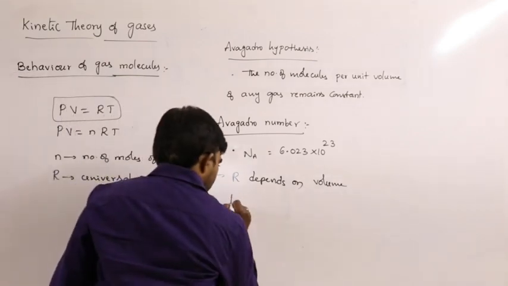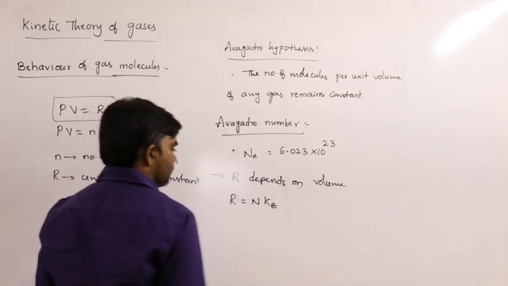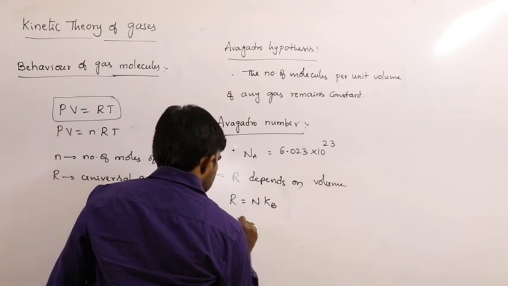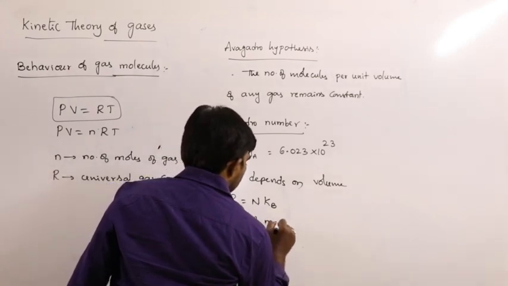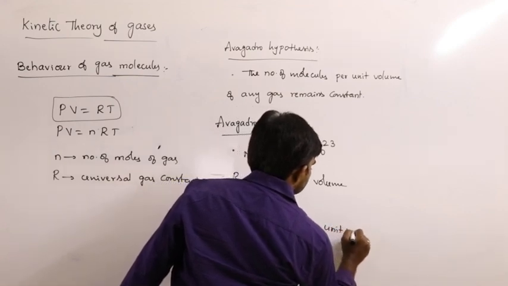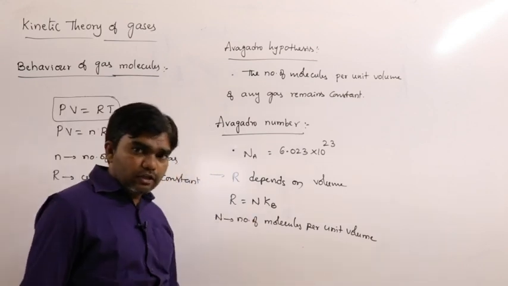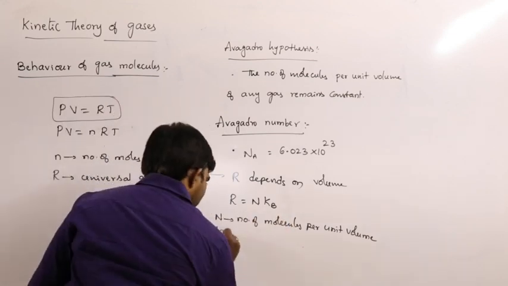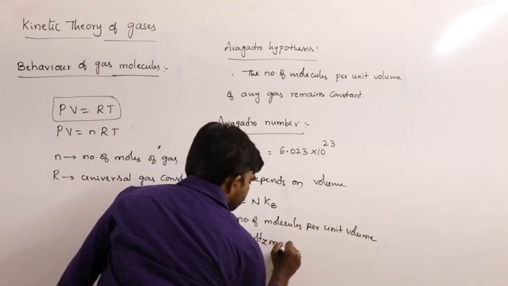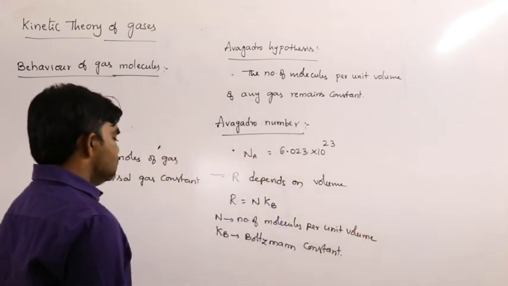That's why R can be written as N into Kb, where capital N is the number of molecules per unit volume, and Kb is called the Boltzmann constant.